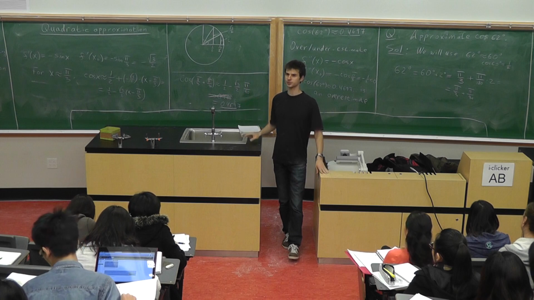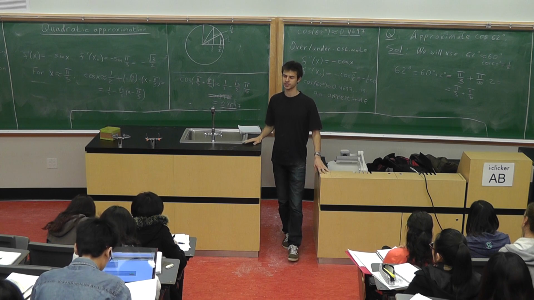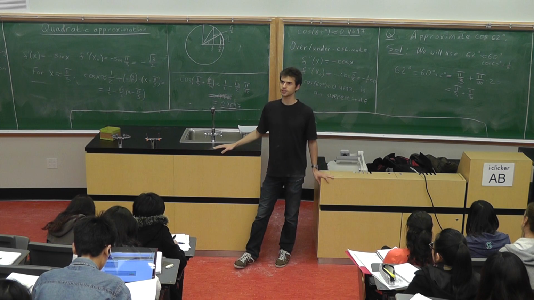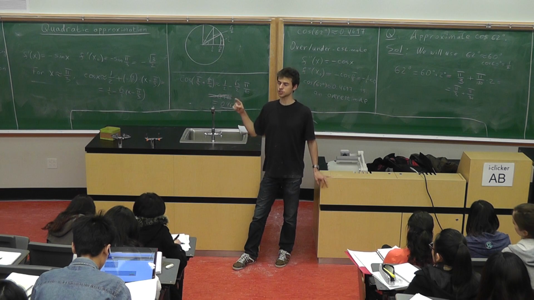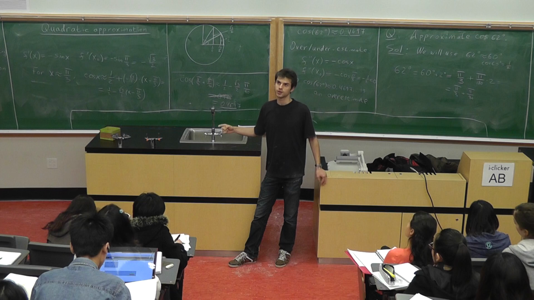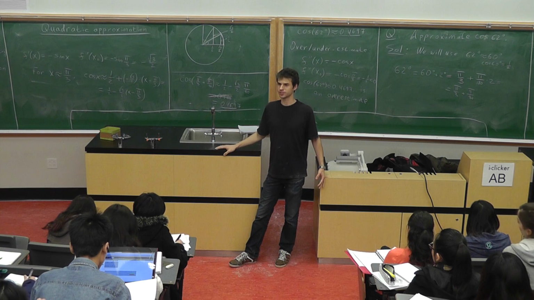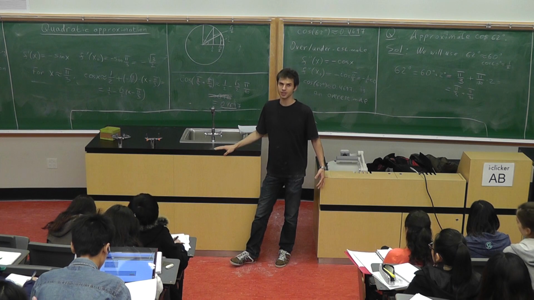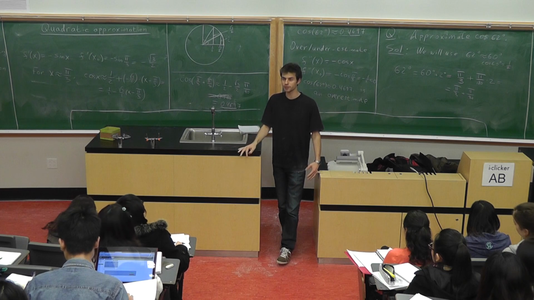For quadratic approximation, we'll use a different idea. We'll try to approximate the graph of a function not using a line, but rather using a parabola. Why do we think it will be better than just a line? Because there are so many parabolas.